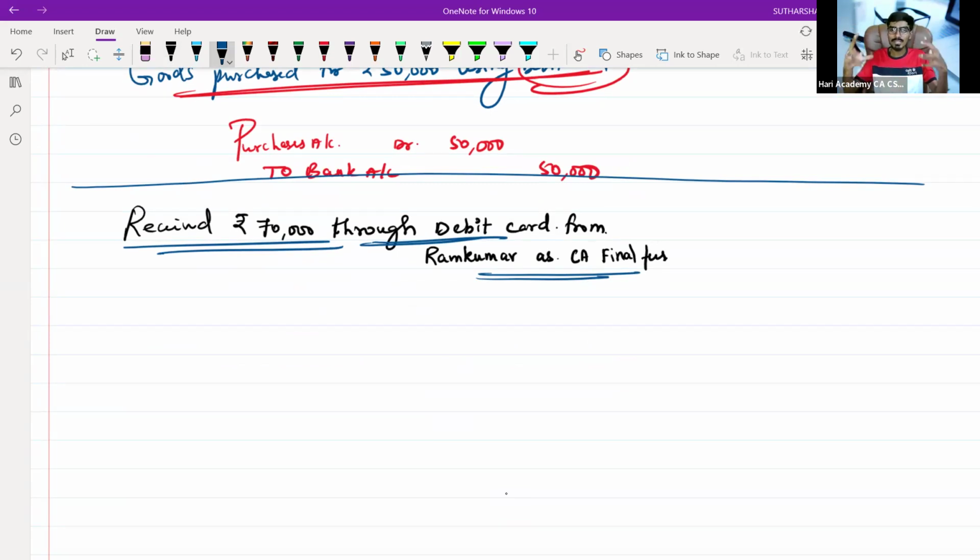Everybody watching the classes, also think slightly and comment. Received rupees 70,000 through debit card from Ram Kumar as CA final fees, or for your convenience, I will change this to 20,000 as CA foundation fees.